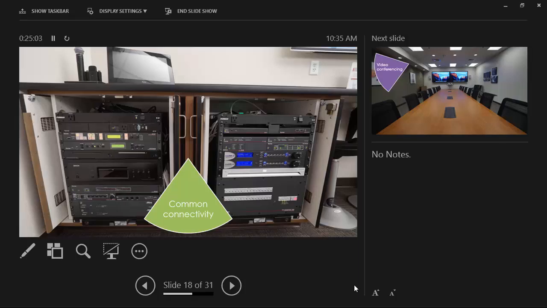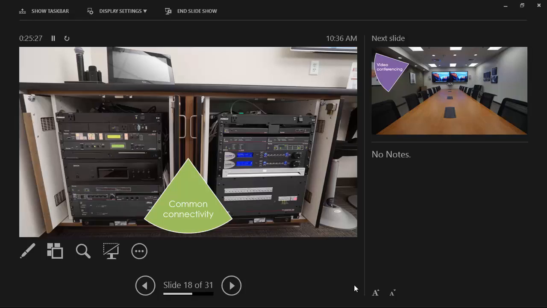Common connectivity. We wanted an instructor to be able to do basic presentations no matter where they were in the room, so we wanted to have some common connections. You'll see there is some HDMI and VGA connections, and this is in each one of the 6 rooms.